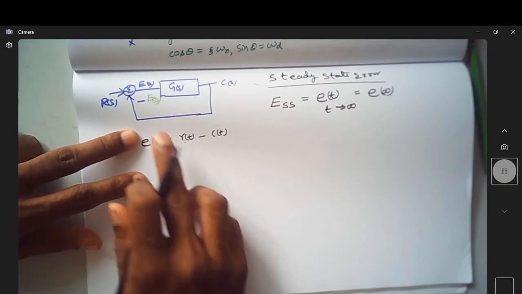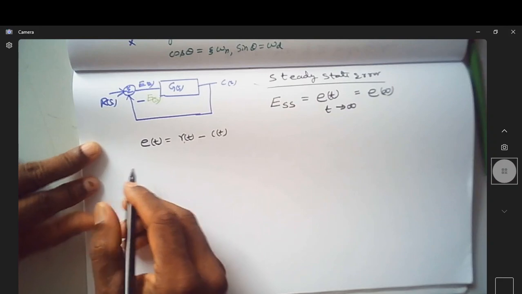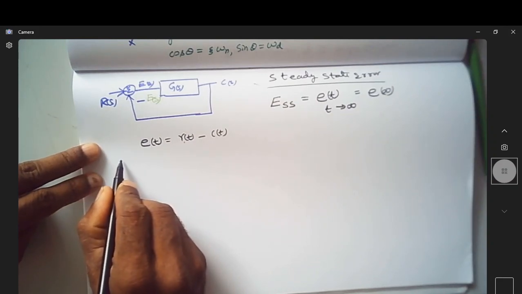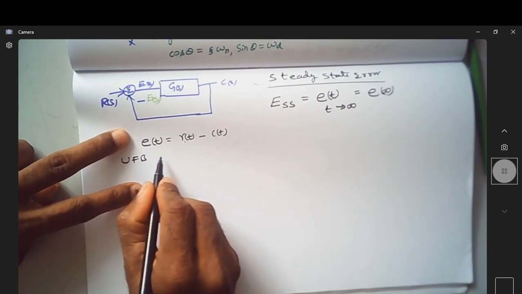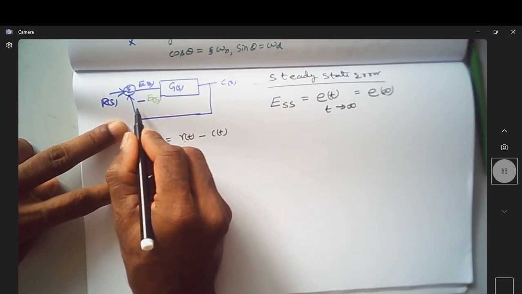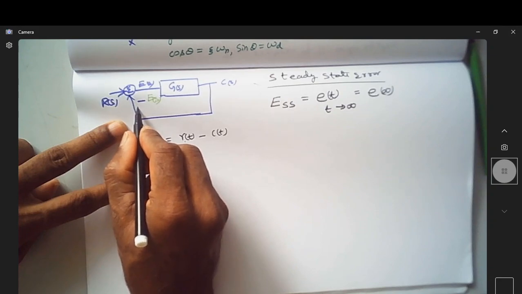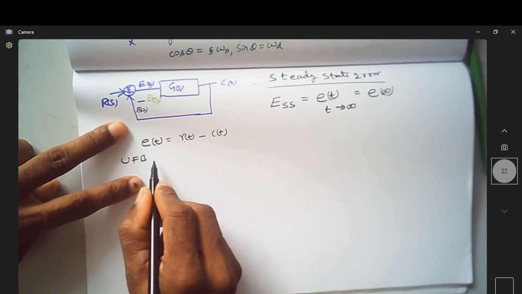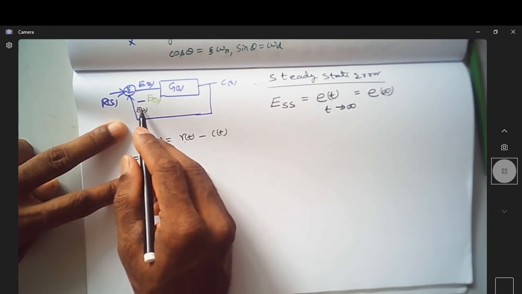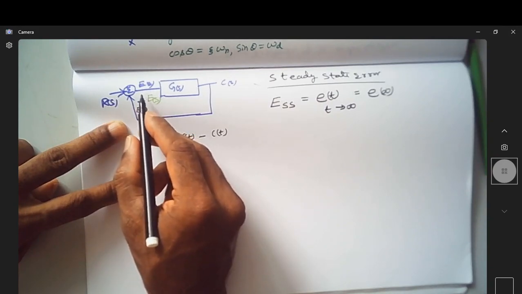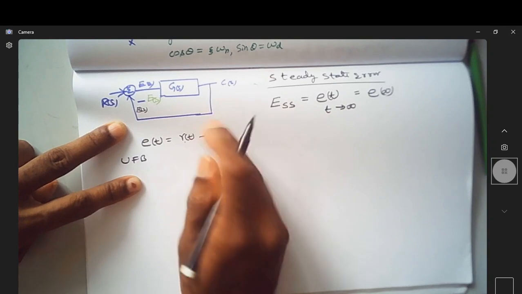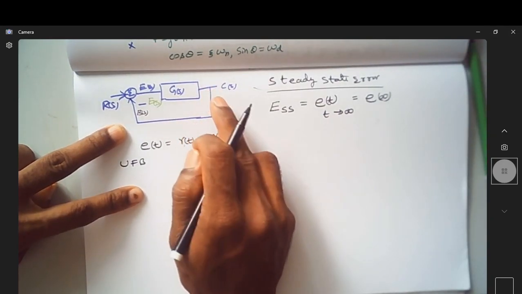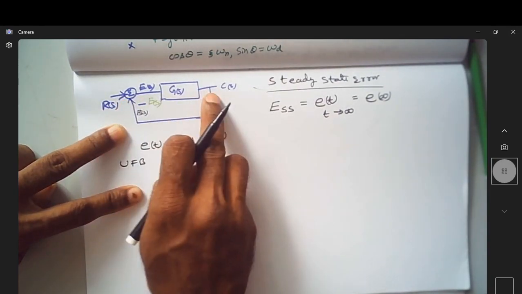Now for the special case of a unity feedback system, if I call this b(t), then this c(t) and this b(t) are the same.